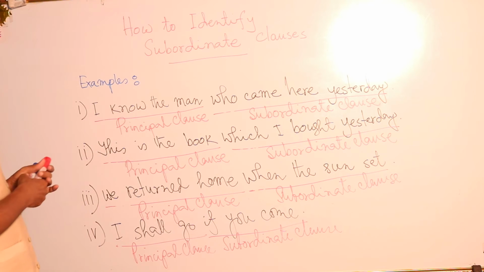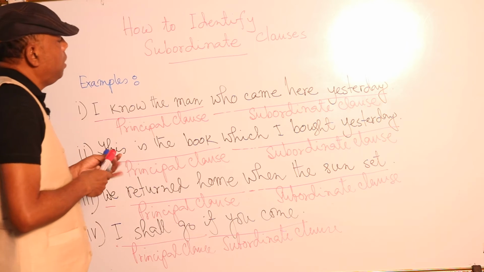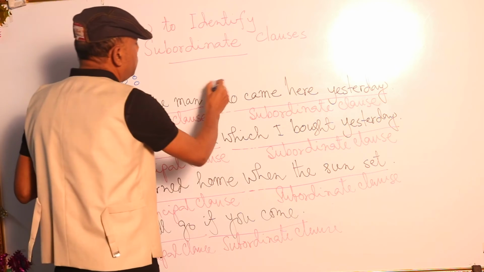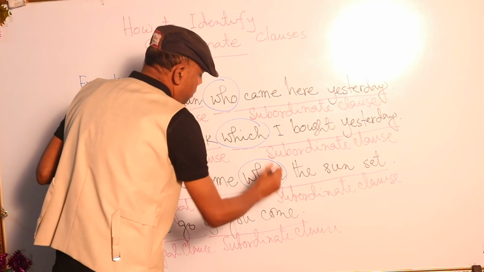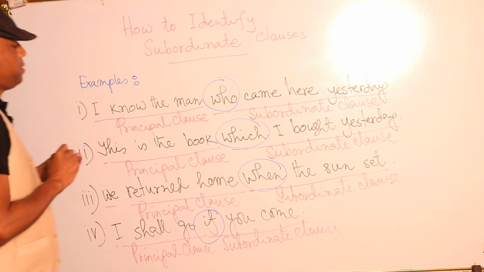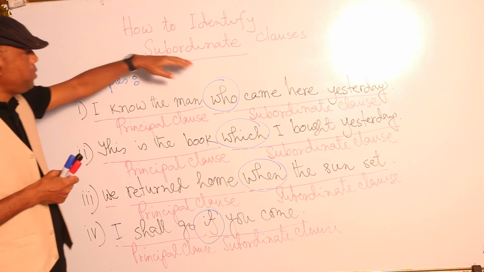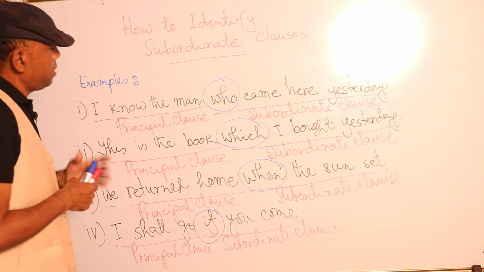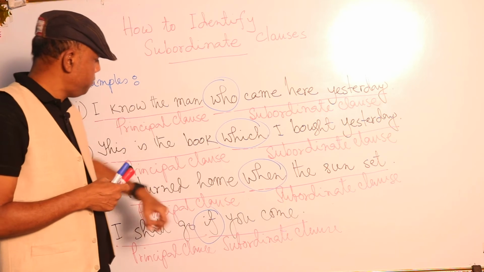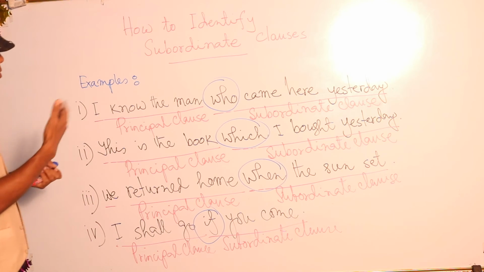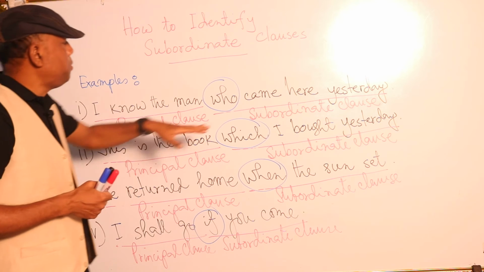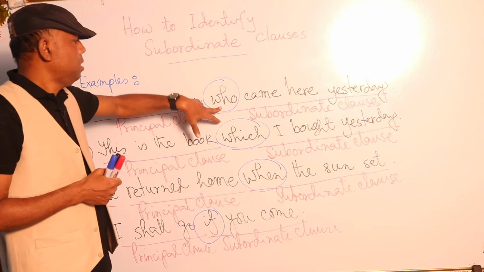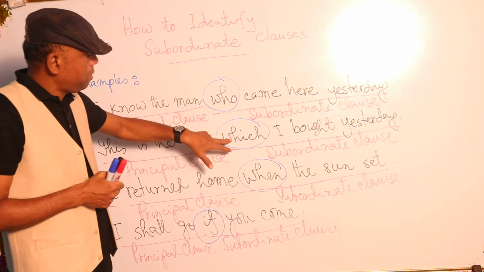But we can identify a subordinate clause by seeing many subordinating conjunctions like who, which, when, if, etc. There are many subordinating conjunctions, and the subordinate clause begins with a subordinating conjunction.